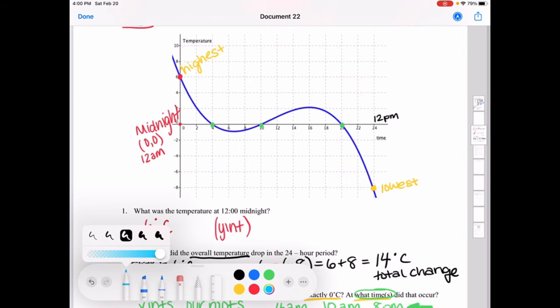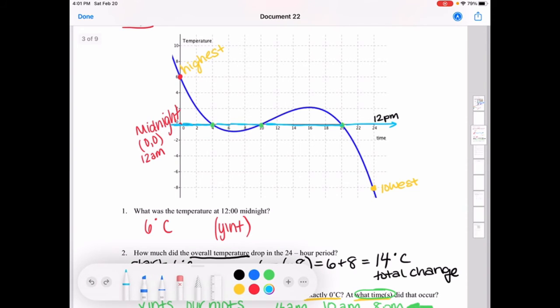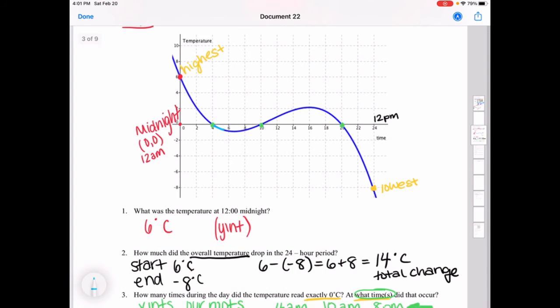And we're going to say, okay, well, if the temperature is here, and this x-axis, anything below this x-axis would be below 0, because then you're going into negative degrees. So the only times that this graph is under 0 degrees is this area, bold it, and this area.